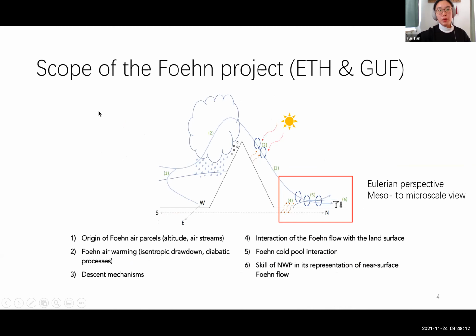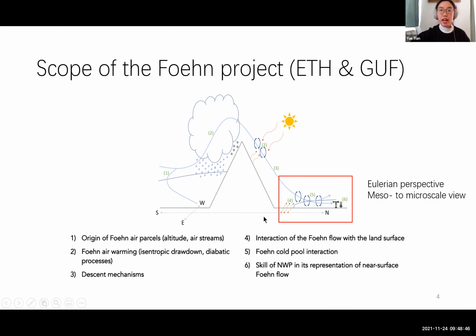And so the project I'm working on is actually a collaboration between ETH Zurich and Goethe University Frankfurt. And as you can see, we are trying to cover a very broad range of all the processes related to foehn phenomena. From the ETH side, they are using trajectory studies, so they study more the larger scale from a Lagrangian perspective.